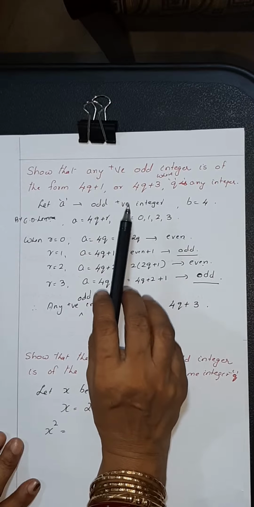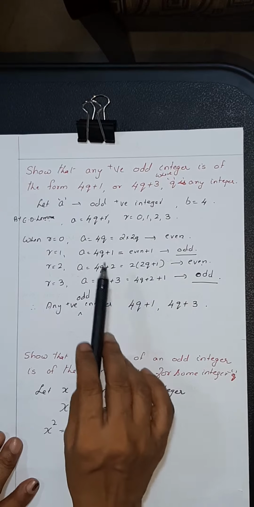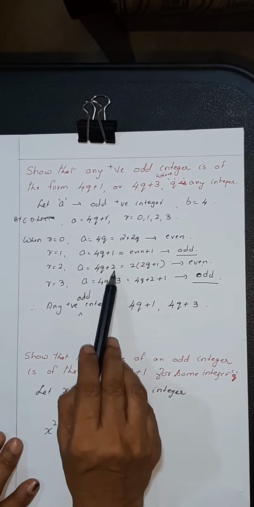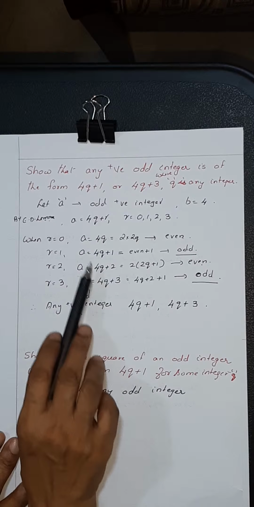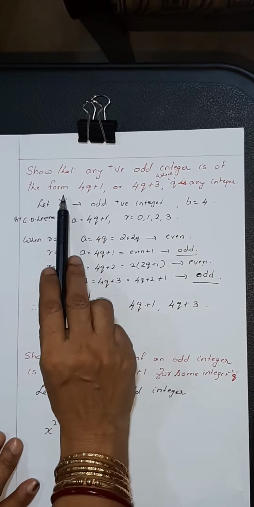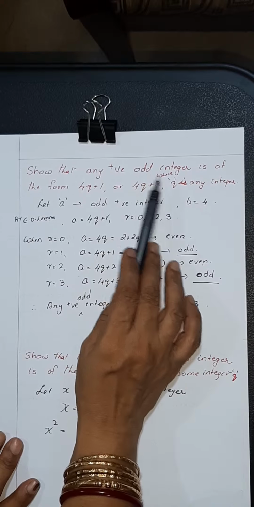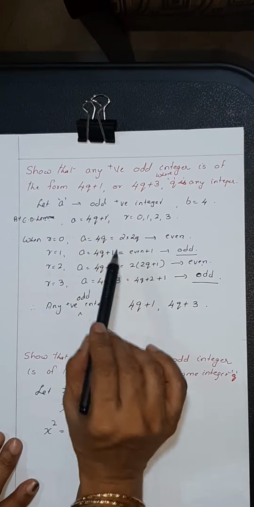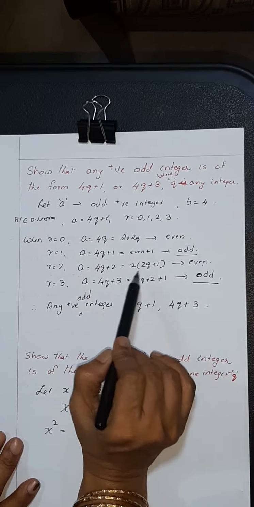If they ask you to say any integer is of the form 4q plus 1, 4q plus 2, 4q plus 3, then you simply write just this. But here you have to prove that an odd integer is of this form. If suppose they had asked you about an even integer, then an even integer is of the form 4q or 4q plus 2.